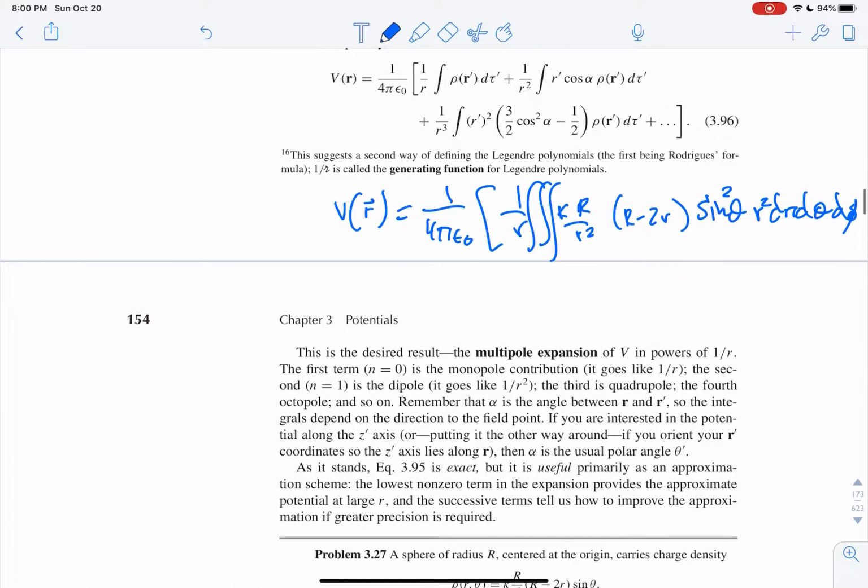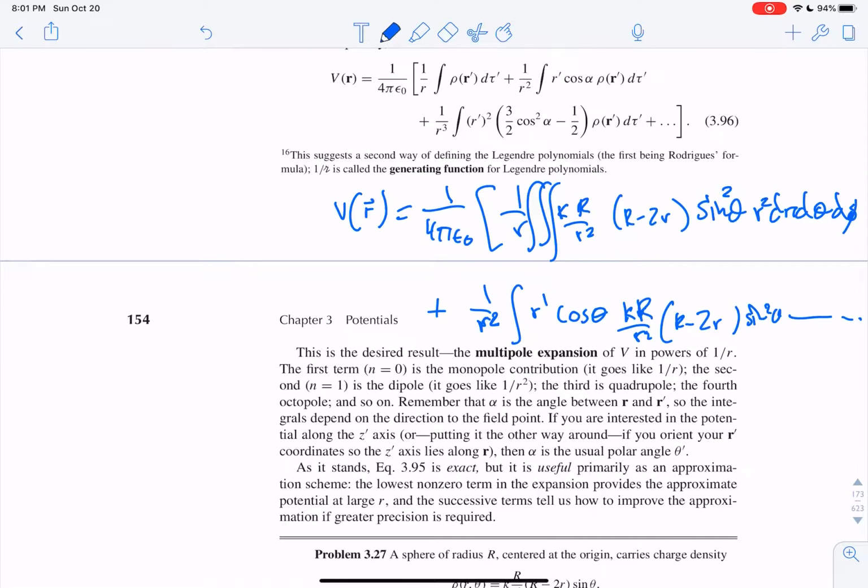The next integral, we add the next sum to it, and that's 1 over r squared times the integral of r prime cosine alpha, and in our problem we're defining theta to be this alpha variable. So cosine alpha times our density function, k r over r squared, r minus 2r, and then sine squared theta, and so on.